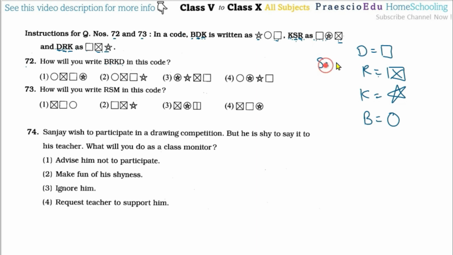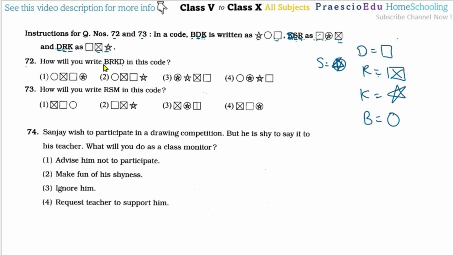So S is equal to this, a star inside the circle. And here, instead of the K, it should be the star, or possibly D should be there. Now we already have D, R, K, B and S.